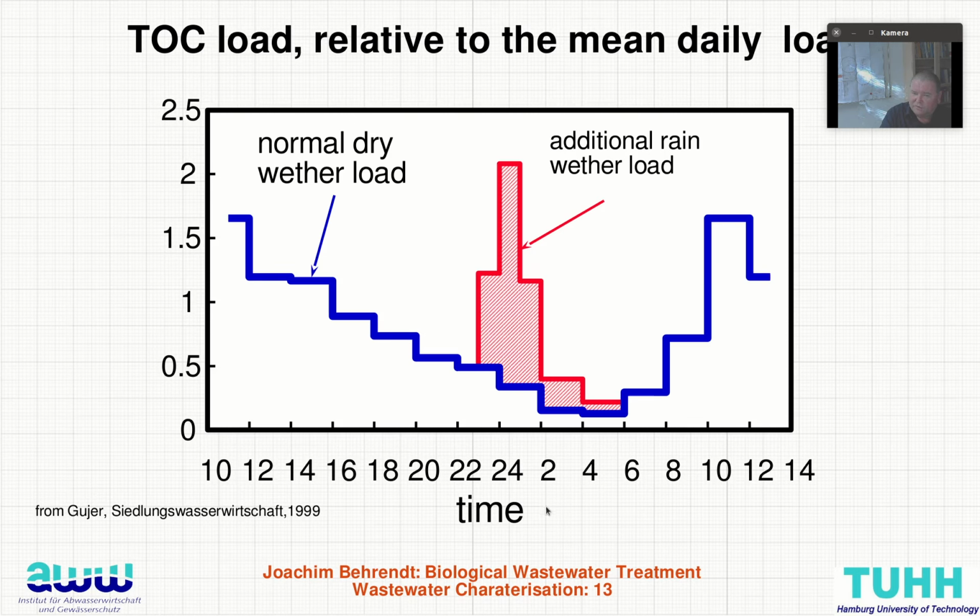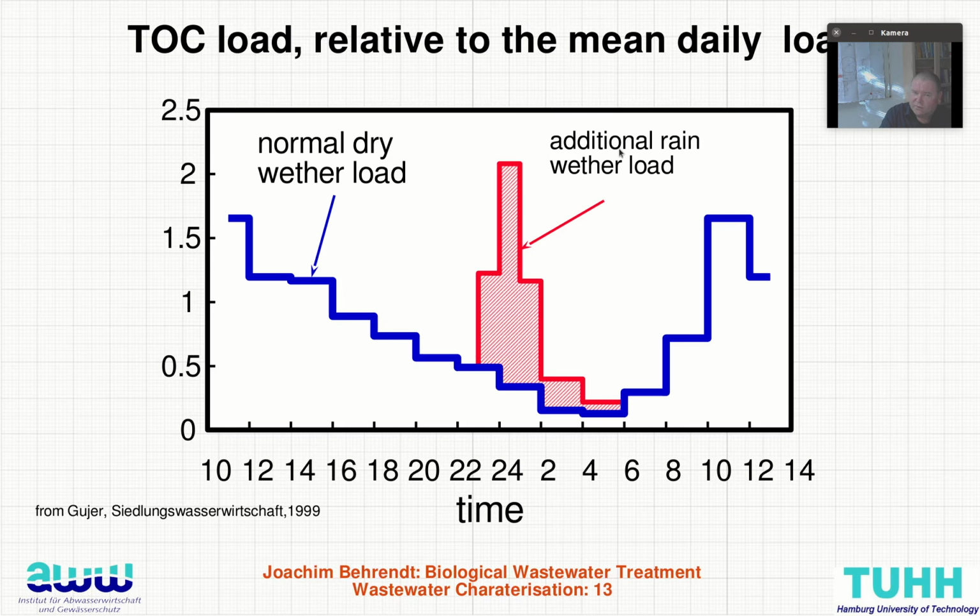Everybody is sleeping and the water consumption is quite low. This typical hydrograph we can observe. If you have very huge sewerage systems, this becomes flatter because the wastewater is also many hours on the way to the wastewater treatment plant.